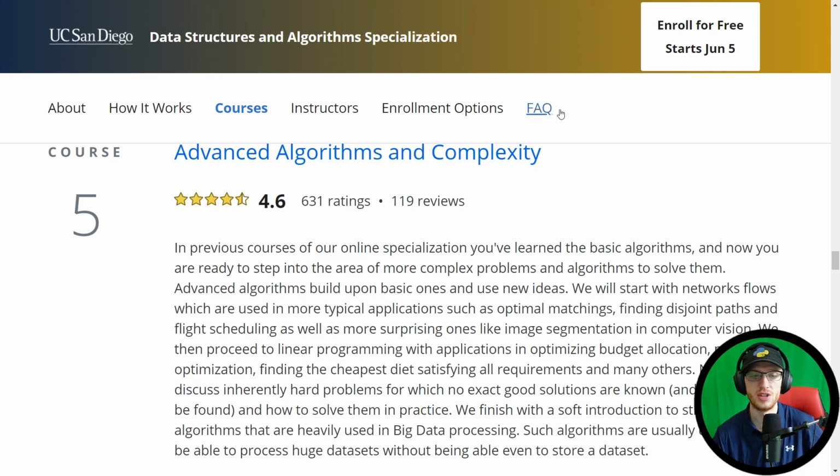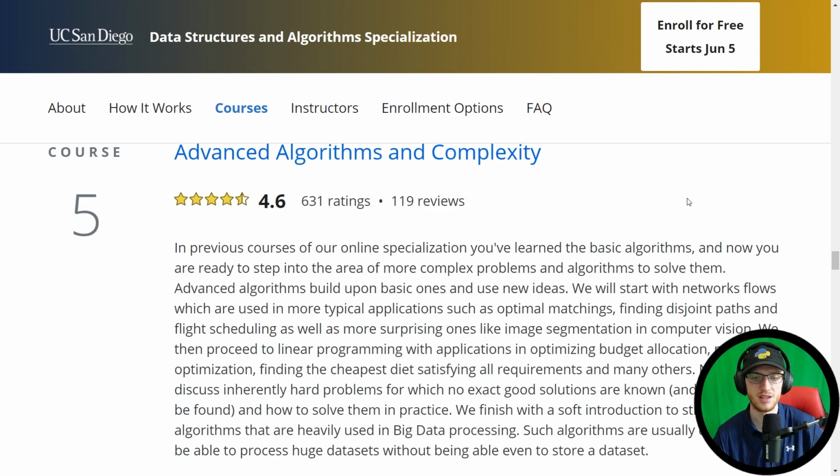Of course, there's some material in here that is interesting, and you will learn and get a better programmer out of this. But I think there's a little bit of a drop off. And so if you aren't planning on doing the certificate, getting the whole specialization here, then course 5 may be a bit of a drop off for you. And I would mostly just practice after course 4.